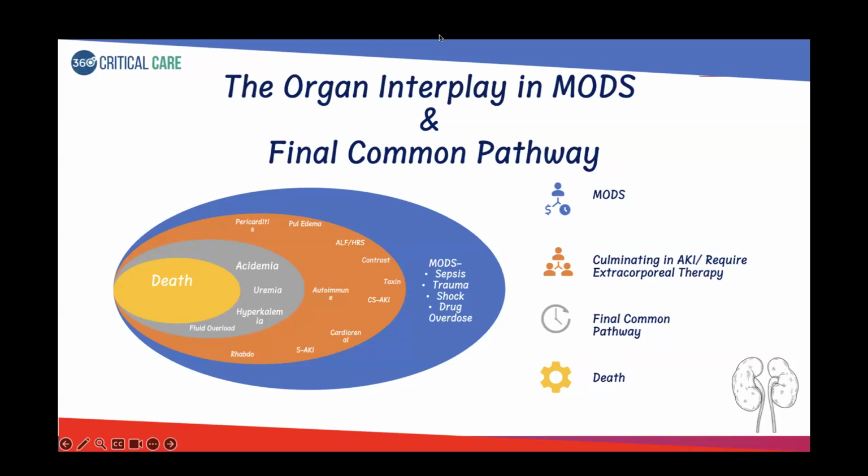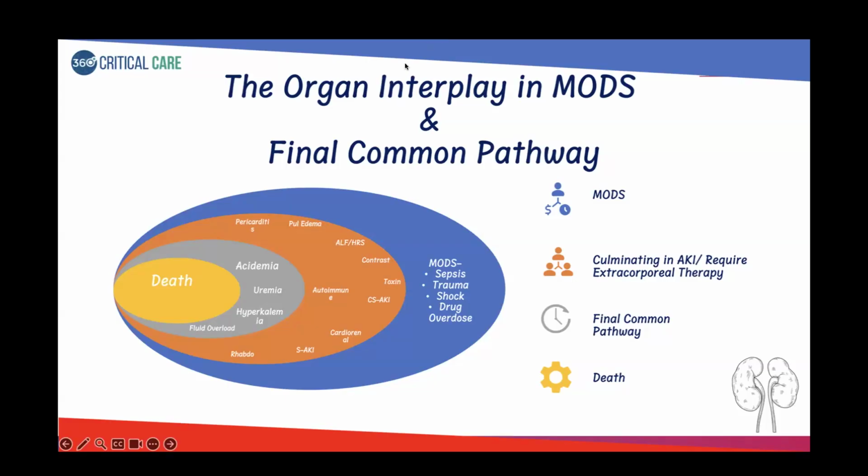Because it does a lot of things, from managing the internal milieu of the body to production of substances to clearance of substances, it is the final pathway for most of the pathophysiology of any organ you can think of. So that's the basic reason why we think of kidneys very, very importantly.